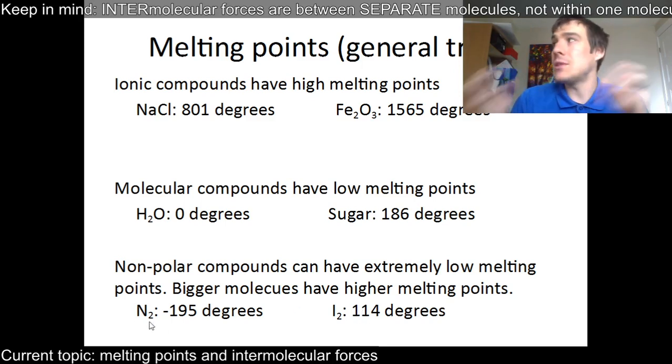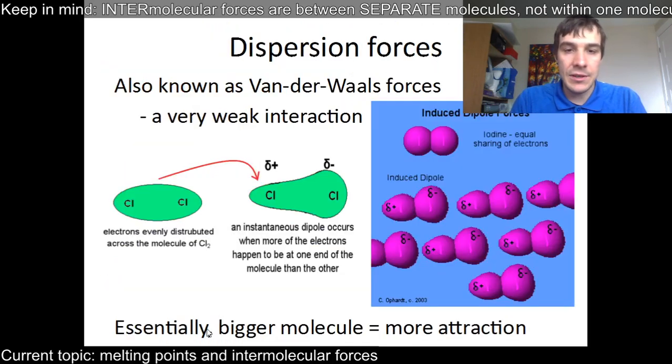Whereas nitrogen, which is much smaller, is a gas at room temperature. So size, bigger molecule and longer molecule tends to mean more attraction, tends to mean a higher melting point. But typically nonpolar molecules will have a lower melting point or a lower boiling point than polar molecules.